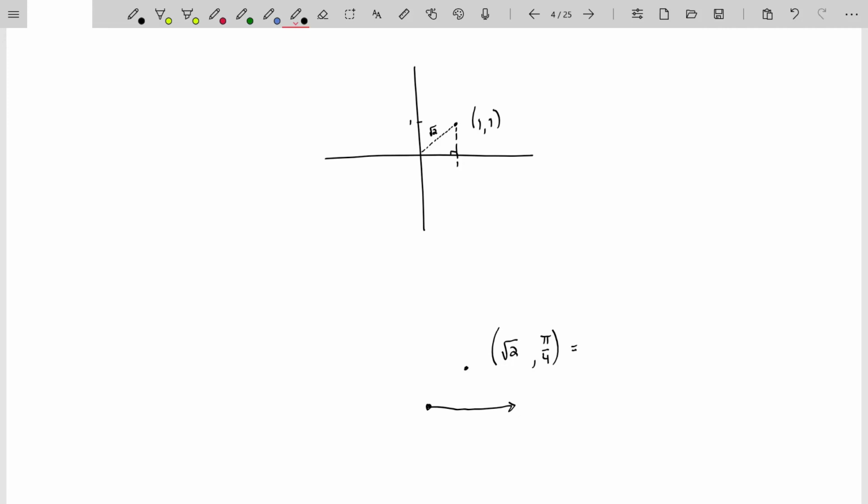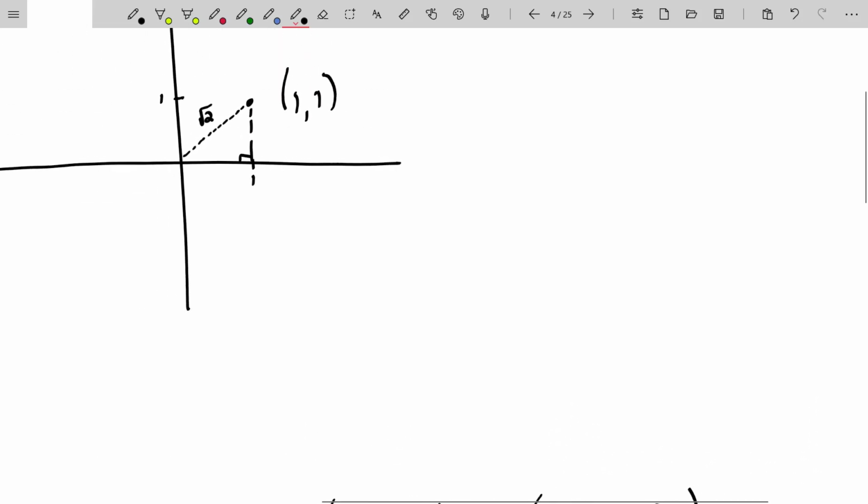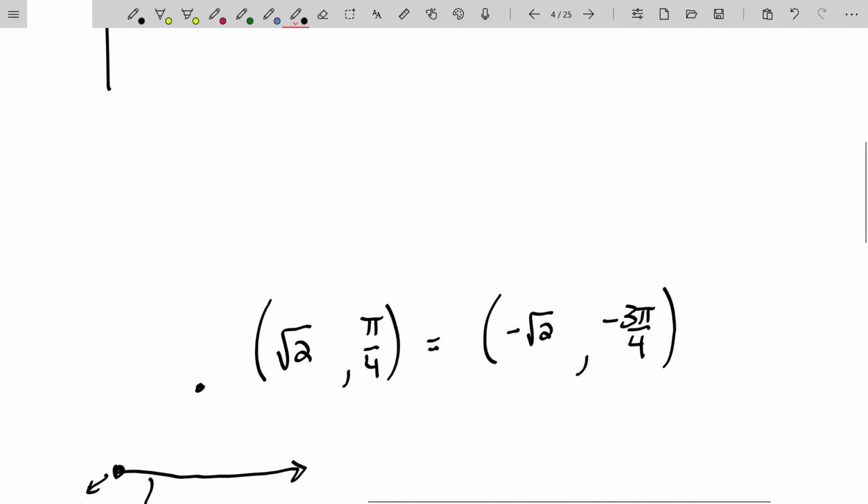Or I could, for example, go backwards through an angle of 3 pi over 4. If I do that, though, to get to this point, because I'm facing the wrong direction, I would step backwards √2 units. So there are many ways, starting from a Cartesian point, to get to a polar point.